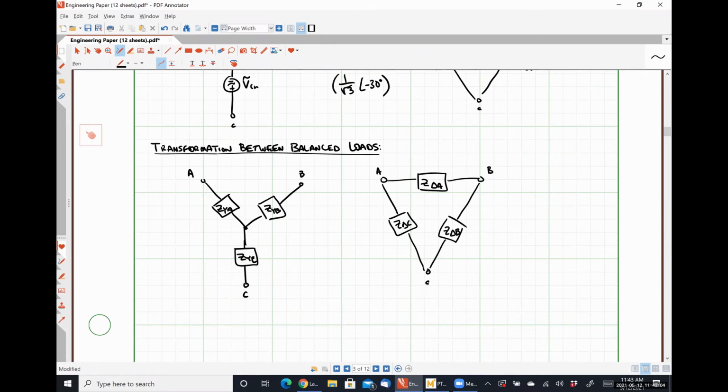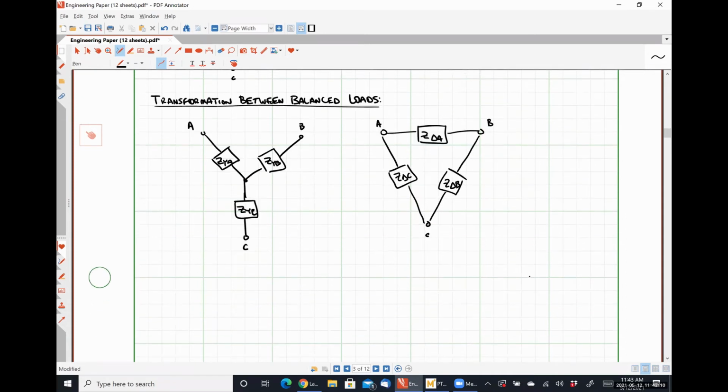So the impedance seen between the terminals A and B of the Y load, ZAB, is simply ZYA plus ZYB.